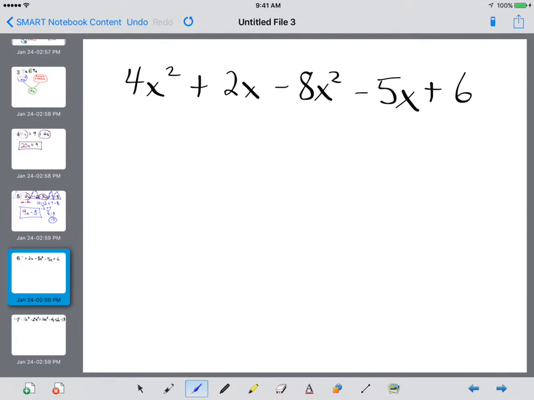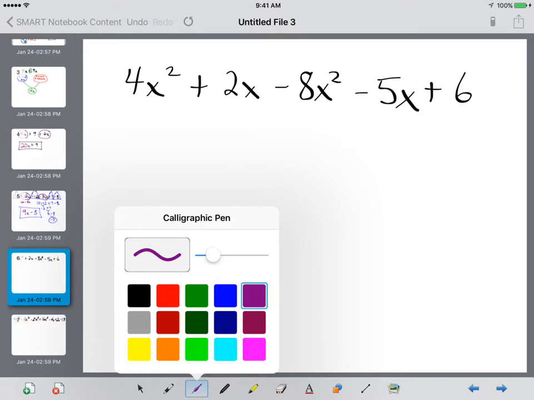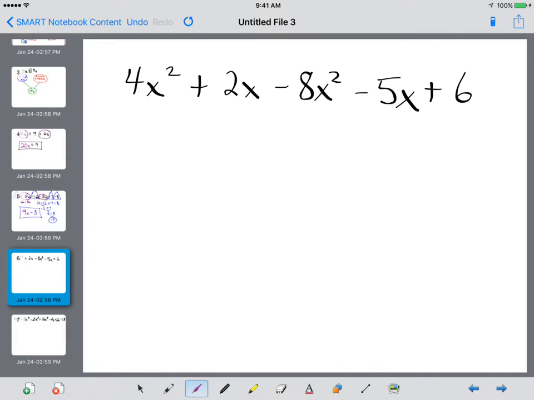Let's try a couple more. What happens when we have an exponent put into place? So now we've got 4x to the second power. I can't combine it with a regular x. I need to combine it with another term that has an x to the second power. So the x to the second power is my like term. Now I just deal with the numbers. This says 4 minus 8.